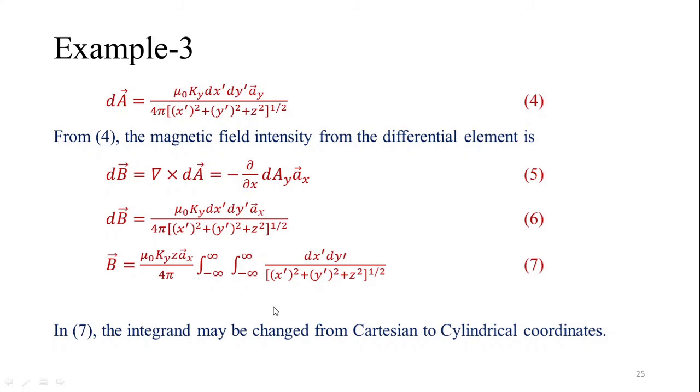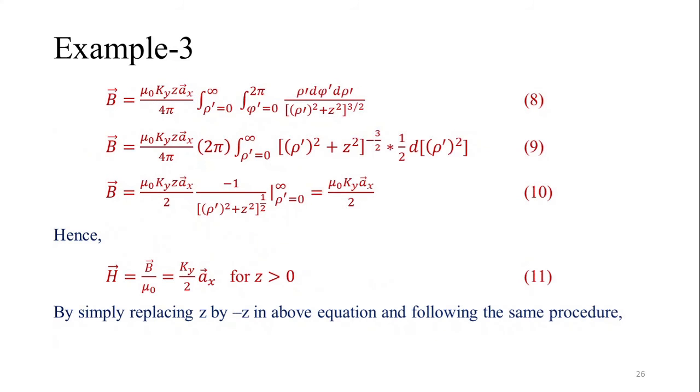We can change the integral from Cartesian to cylindrical for simplicity. If you do this, rho will be from 0 to infinity and phi will be 0 to 2 pi, and this expression changes like this. After solving, you will have the B vector as mu naught Ky ax divided by 2. You know that B is mu H, so H is B by mu naught, that is Ky by 2 ax for z greater than 0.